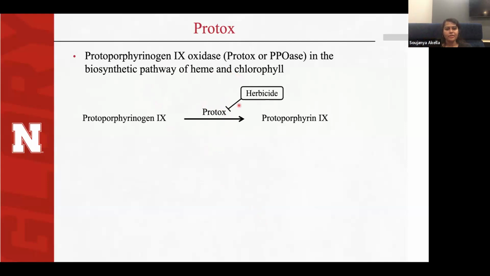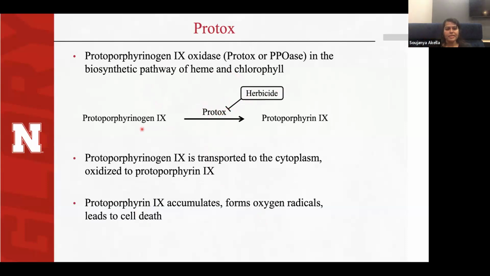Basically, in the presence of a specific herbicide, if ProTox function is curtailed, it's supposed to convert this substrate, protoporphyrinogen 9, to protoporphyrin 9. If the herbicide doesn't allow this enzyme to do its job, this substrate gets transported to the cytoplasm, oxidized, and accumulated there, and it will lead to cell death. So that's what ProTox does.